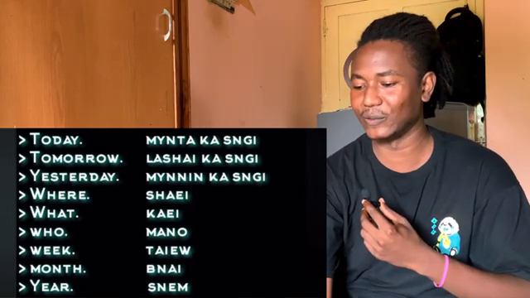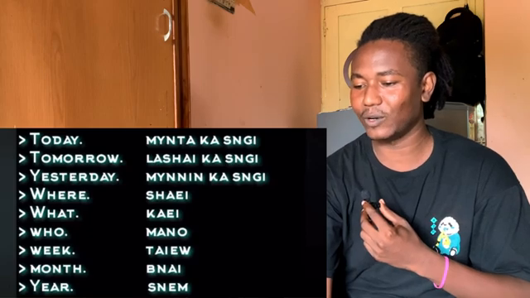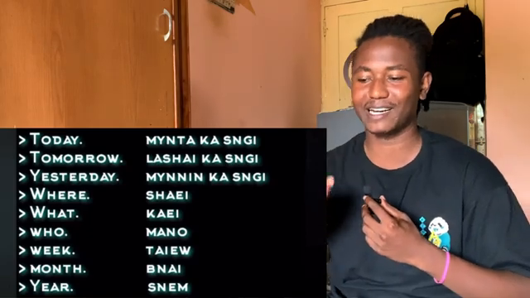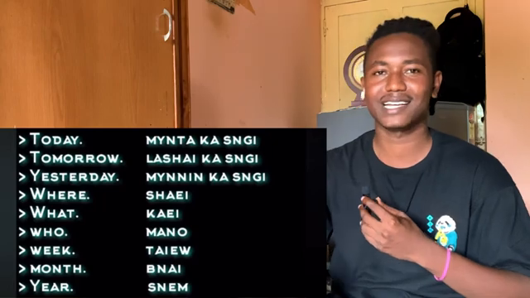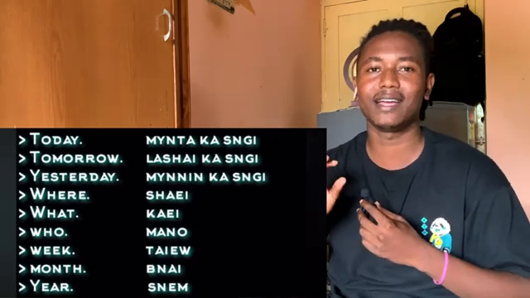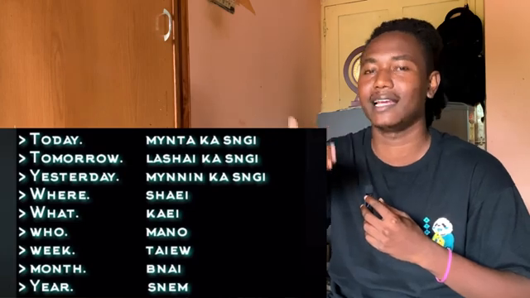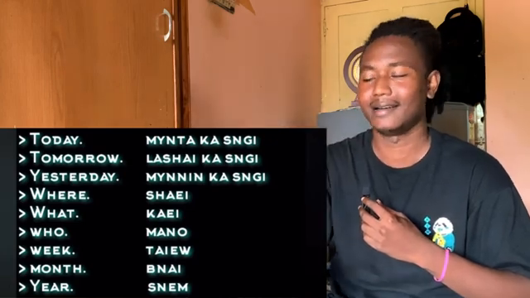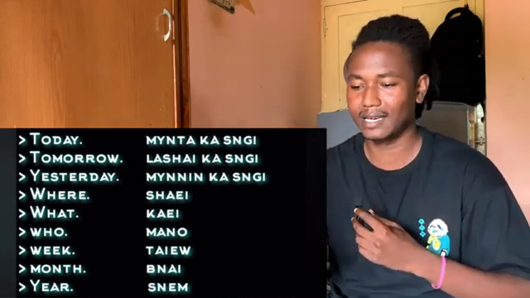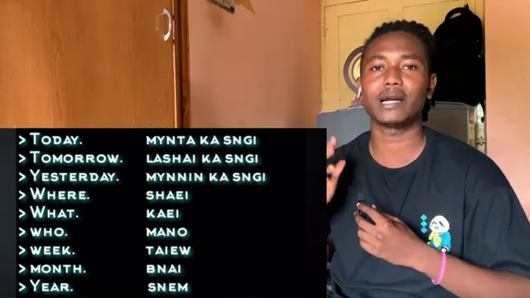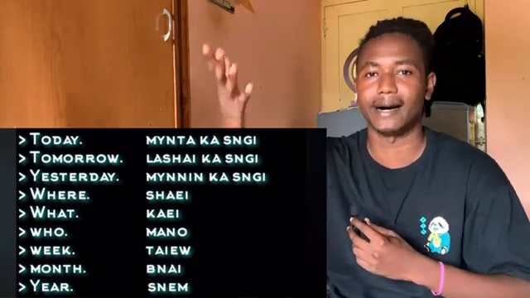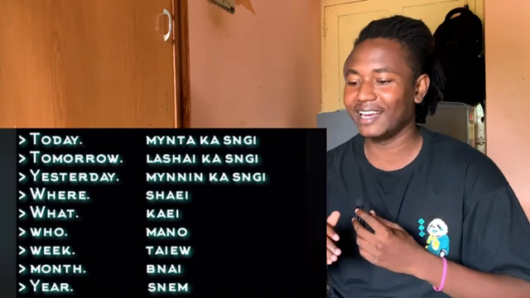So I want to teach you what we say in Arabic. Coming back to today, in Arabic we say al-yom. You can also say al-lela. Tomorrow in Arabic is bukra.